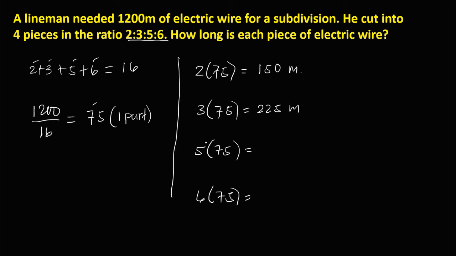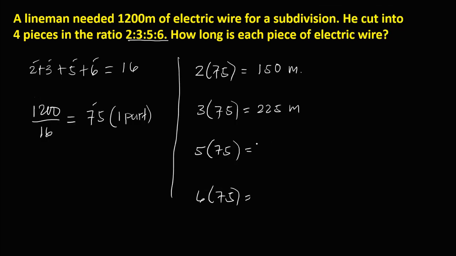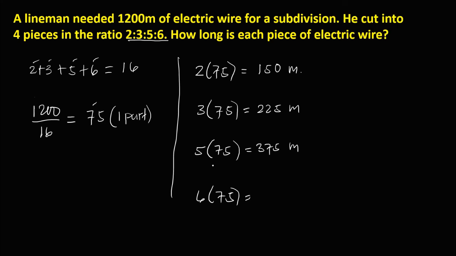Then this 5 times 75, that's 375 meters. And this 6 times 75, that's 450 meters. So these are now the length for every wire.